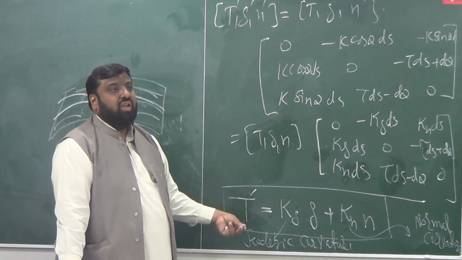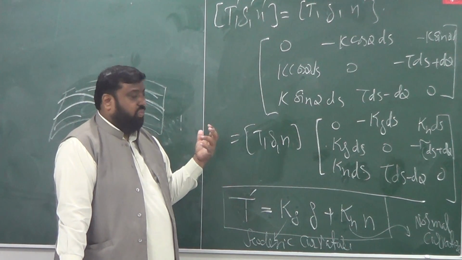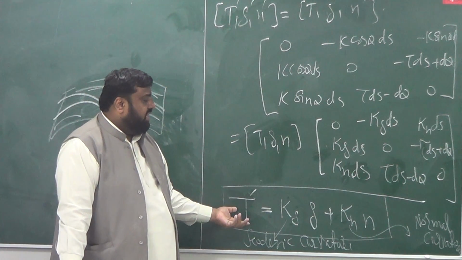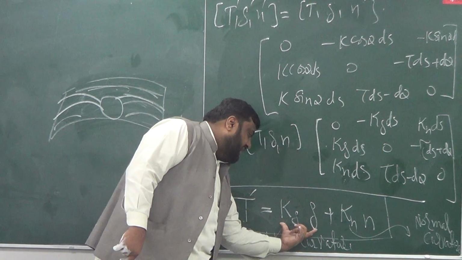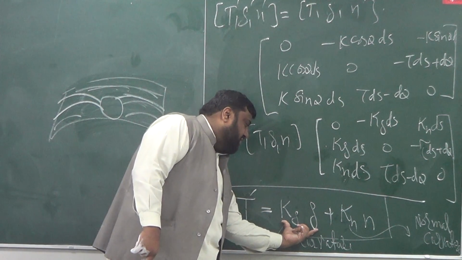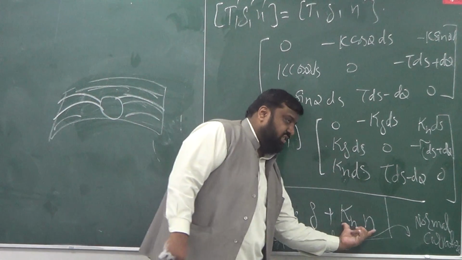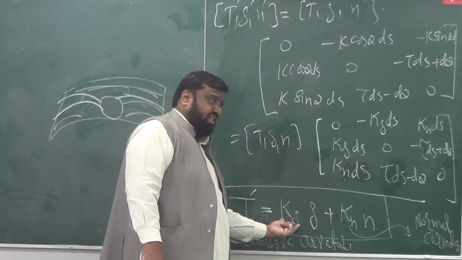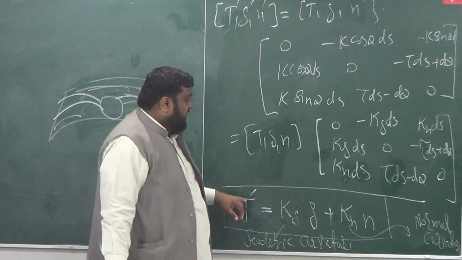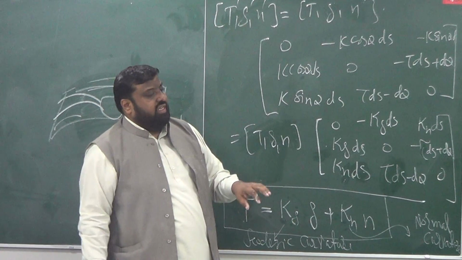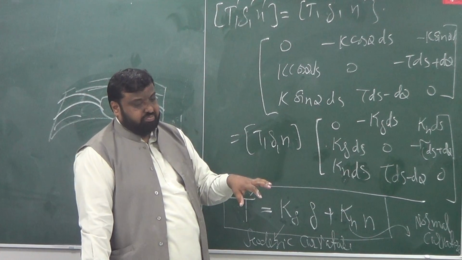Then your normal is going to have two components. One is the geodesic curvature vector, and the other is the normal curvature vector. Each is a scalar function.